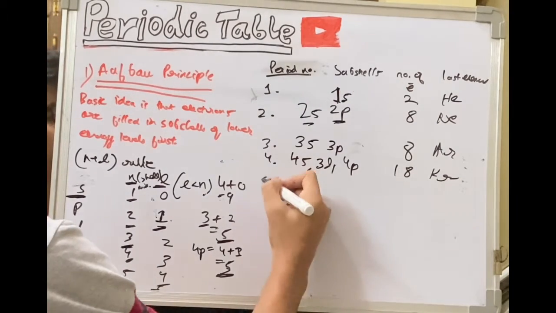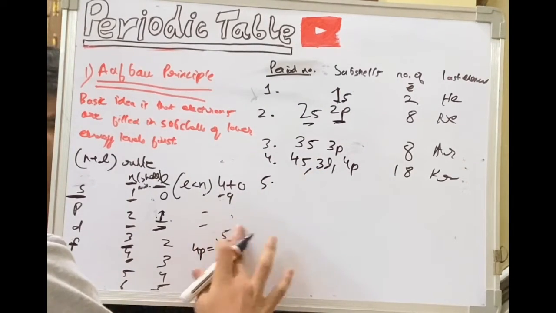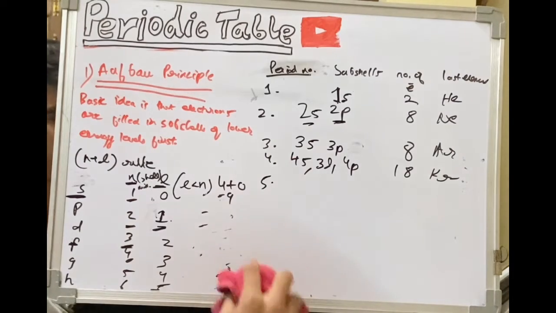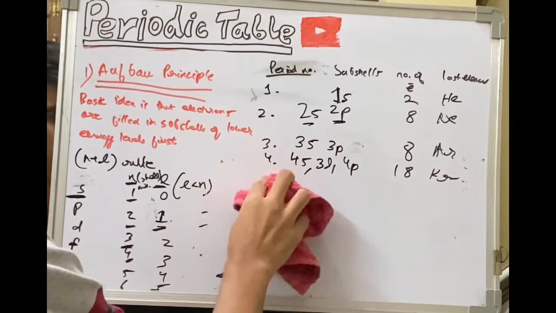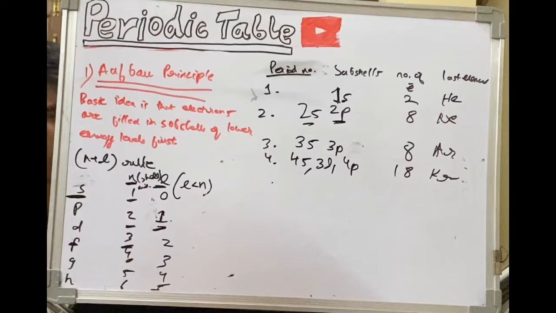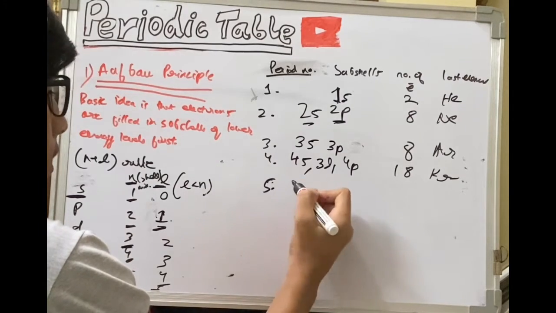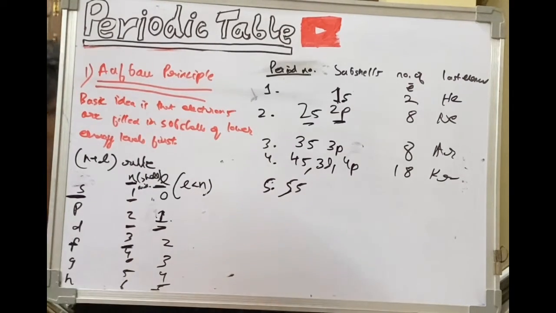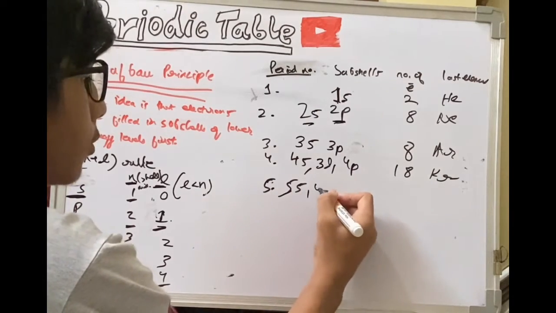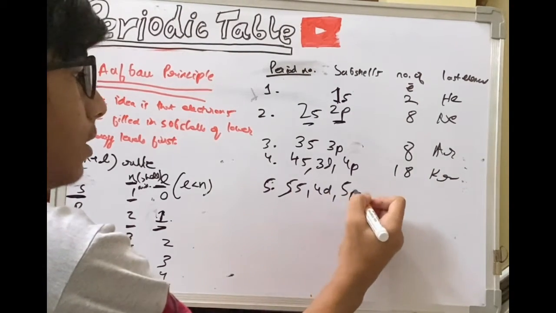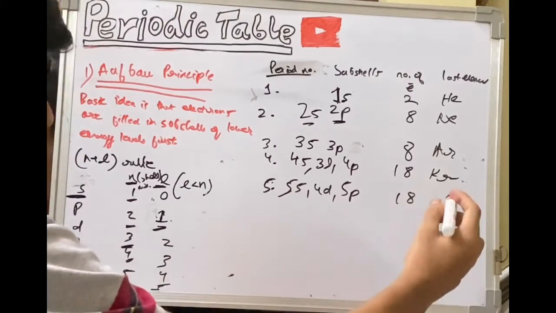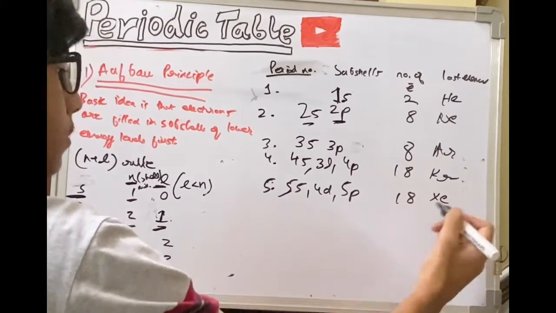Okay, so the fifth one now. For the fifth one also, it will be 5s again. You can basically say that s comes first in every shell. So it will be 5s, and then there will be 4d because it is less than 5p, 18 again, and the last element will be xenon.